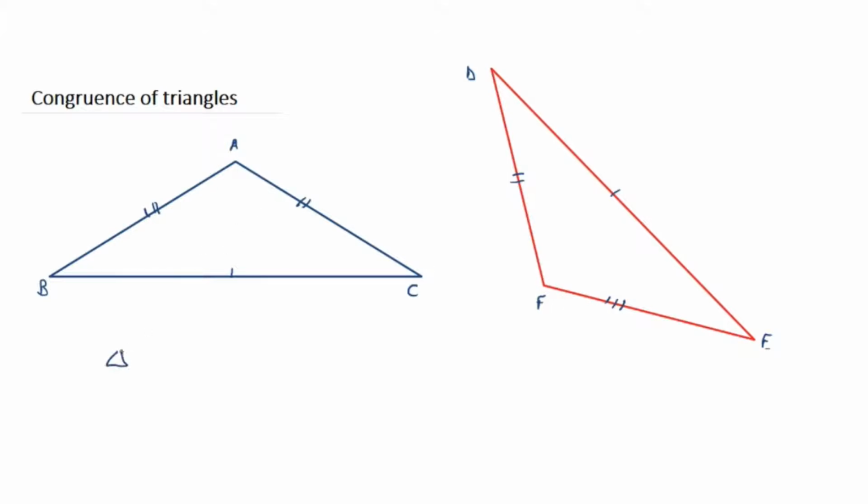So we can say that triangle ABC is congruent to triangle FED, and BC corresponds to side ED, and therefore we can say that AC corresponds to side FD or DF. So this is what congruence means.